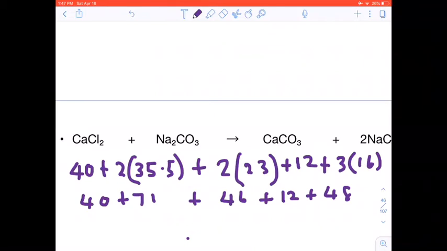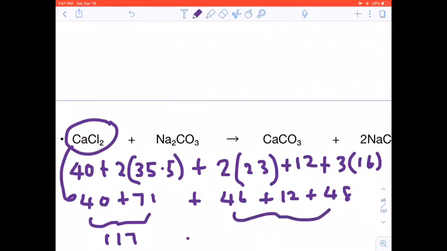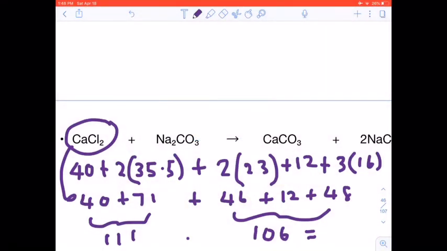So that is for this, which means here we have 111, and for this one we have 106, which gives us 217 for the reactants.